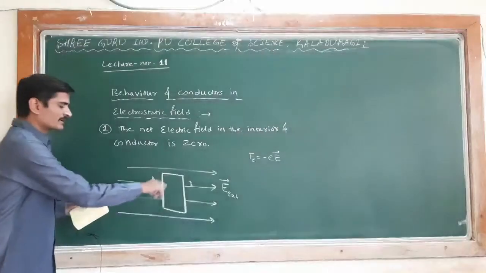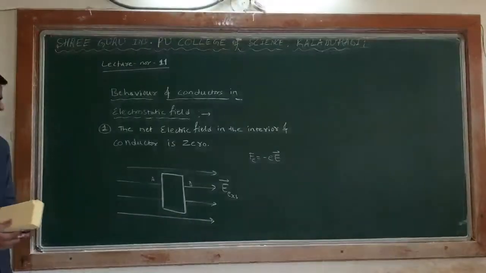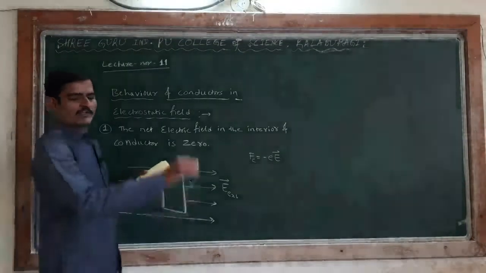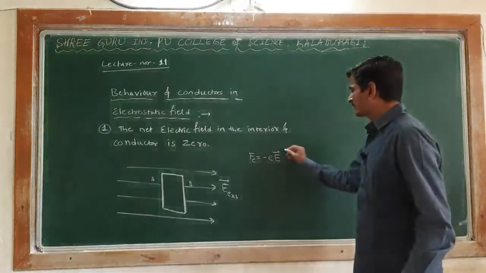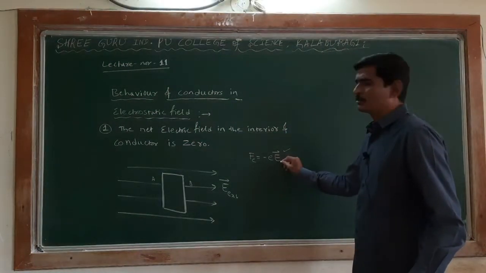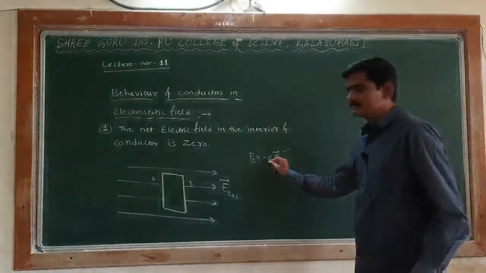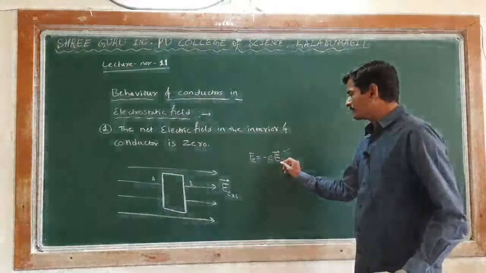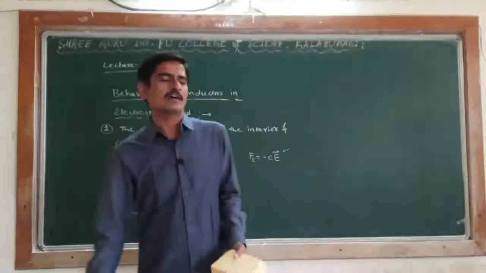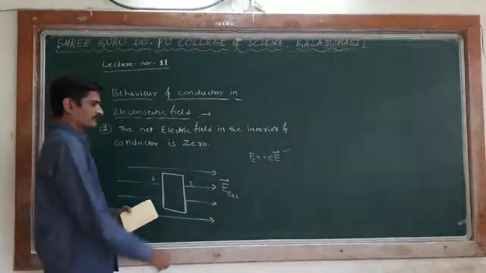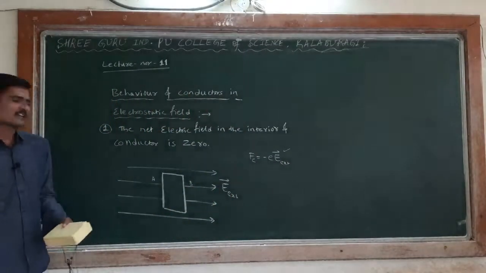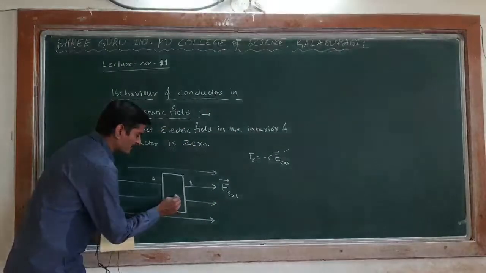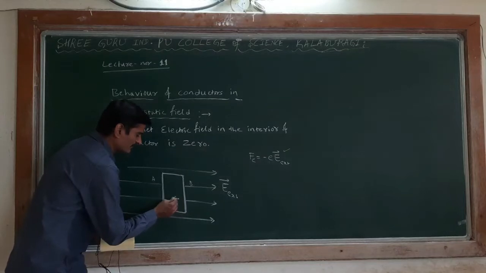So here, when a conductor is placed in an external electric field, the free electrons in the interior of the conductor will experience a force minus e times vector E, where small e is the charge of the electron and capital E is the external electric field applied, and this force is in a direction opposite to the external electric field, that is, in this direction.